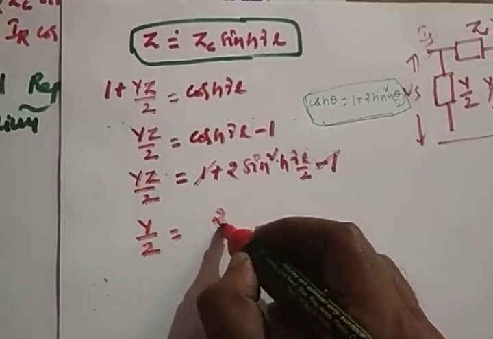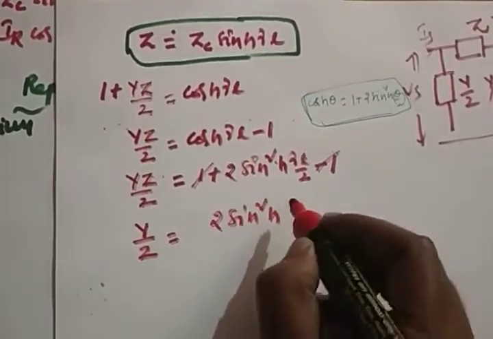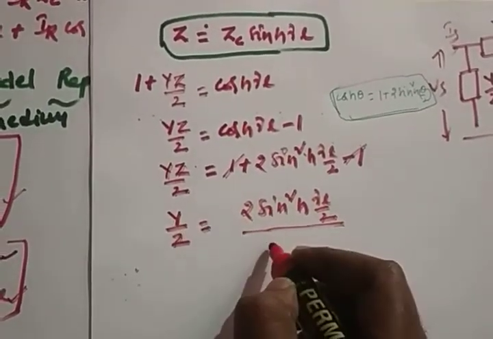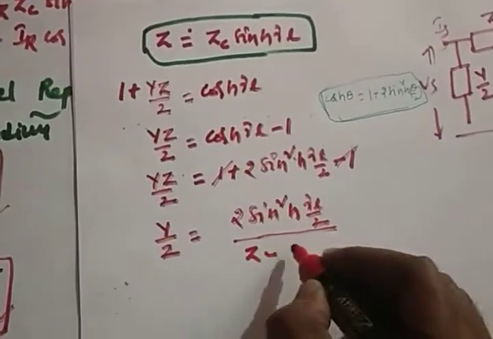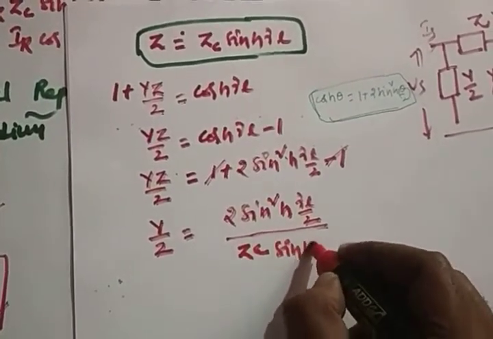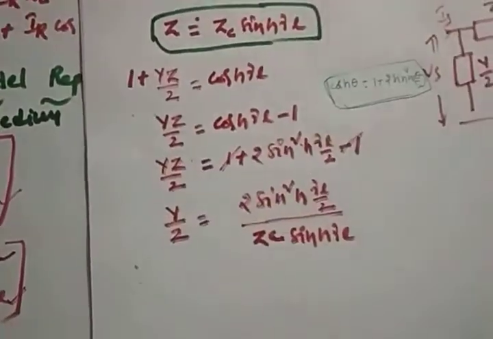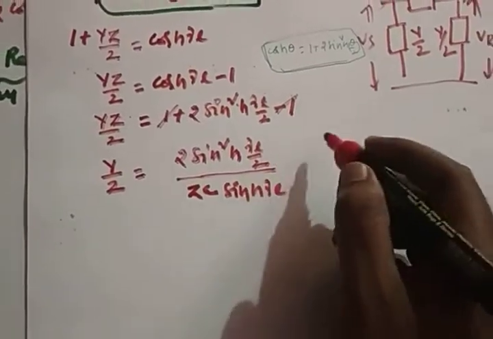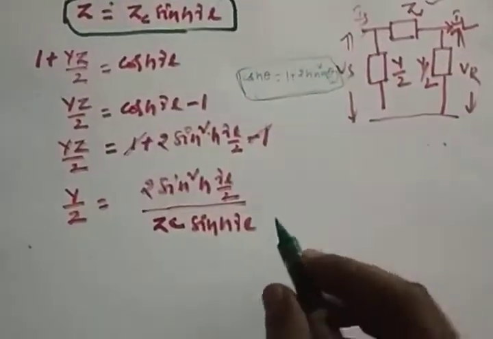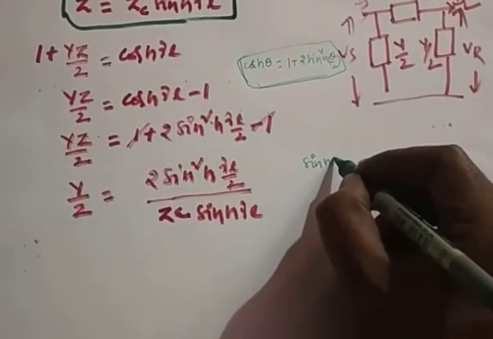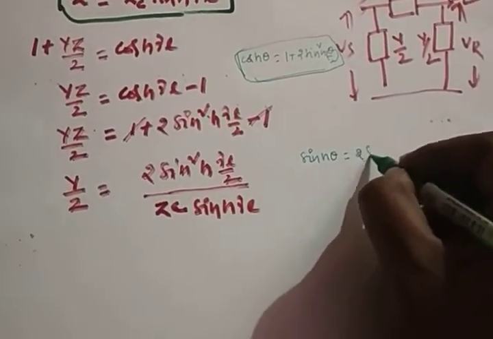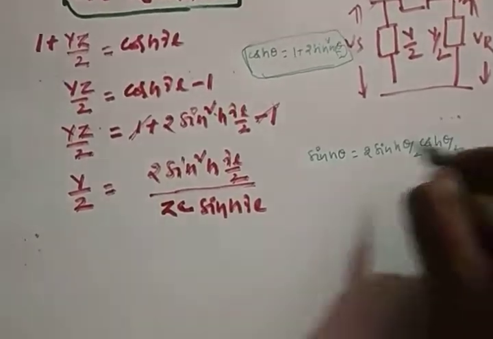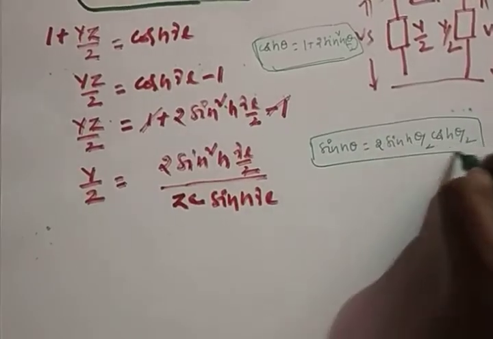What is Y by 2? It is 2 sinh square(γL by 2) divided by the Z value, which is ZC sinh(γL). I directly substitute the Z value. Also consider sinh θ equals 2 sinh(θ by 2) cosh(θ by 2), which is one more equation that you know.